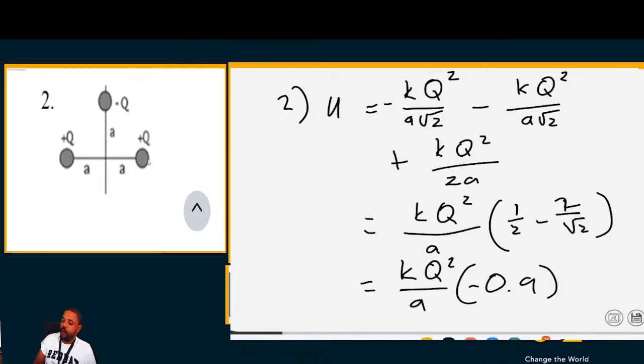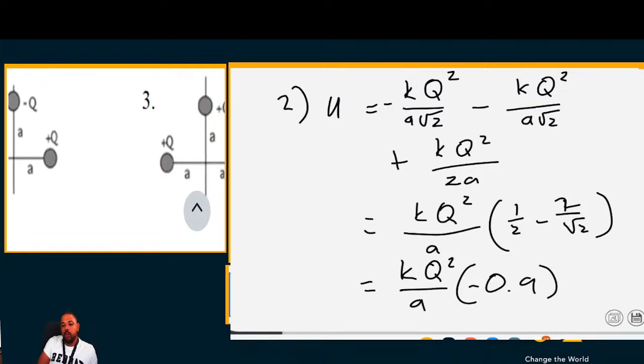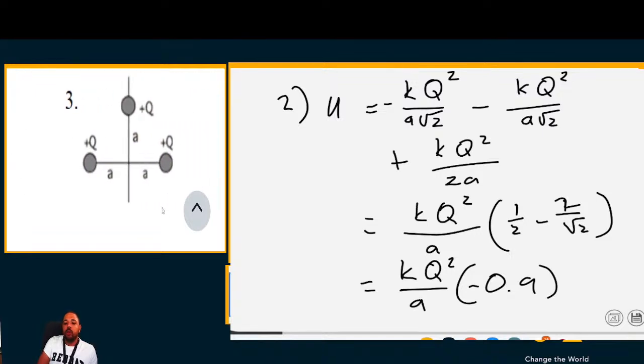So that's a negative value. This one has a negative value; the first one was positive. Let's check the third one. Since all of these charges are positive, it will be the same as for number 3, except the signs become positive, so overall this whole system will be positive.